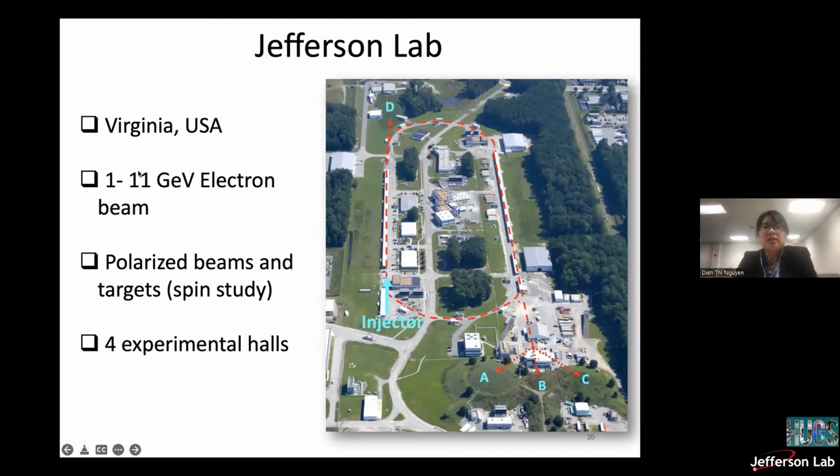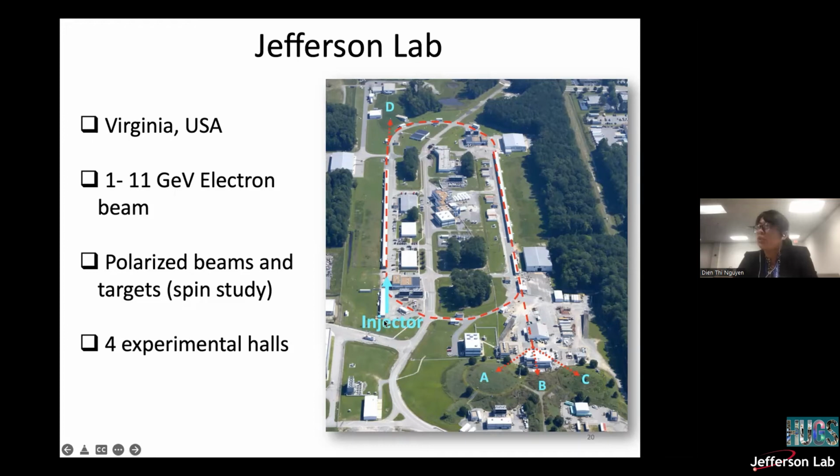So you know that it's located in Virginia, where we are now, right? This electron facility can provide a 1 to 10 GeV electron beam. The special thing is that we can provide both the beam and the target, which is very important for spin study, but it will not be covered in this lecture. And we have 4 different experimental halls.